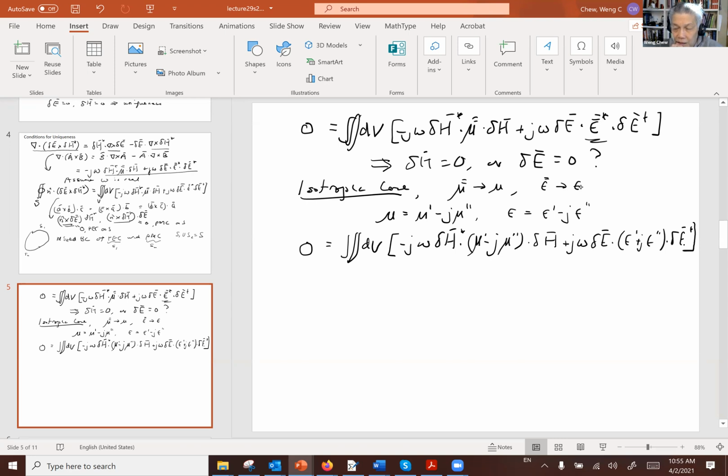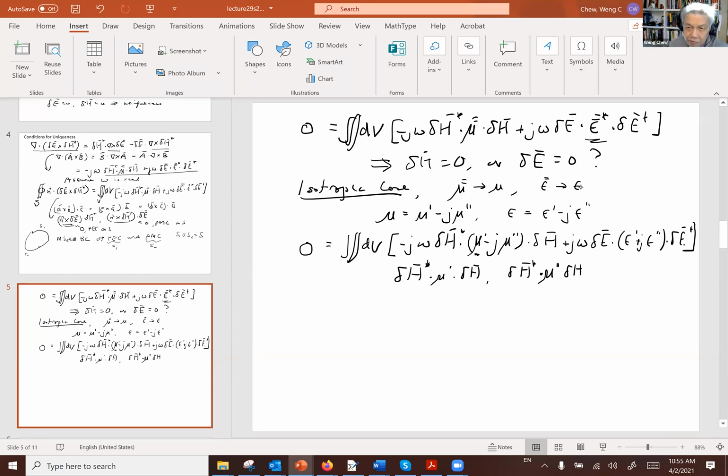So if I take this equation, you notice that if I take this term, multiply by that term, it will be this thing, mu prime dot delta H. And if I look at the other term, it will be delta H star dot mu double prime delta H.